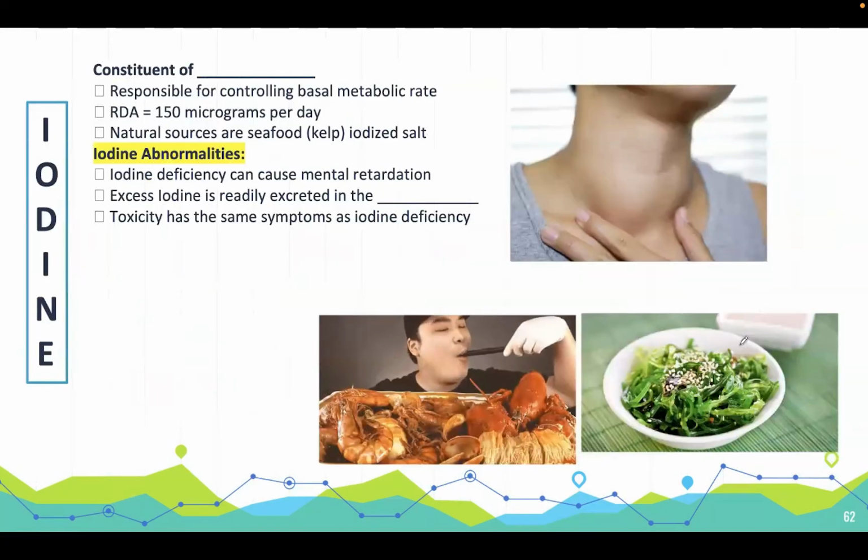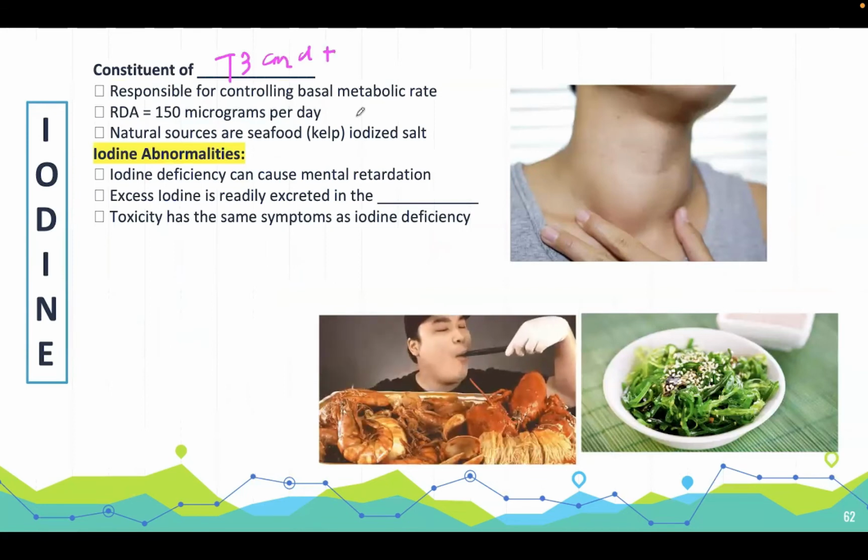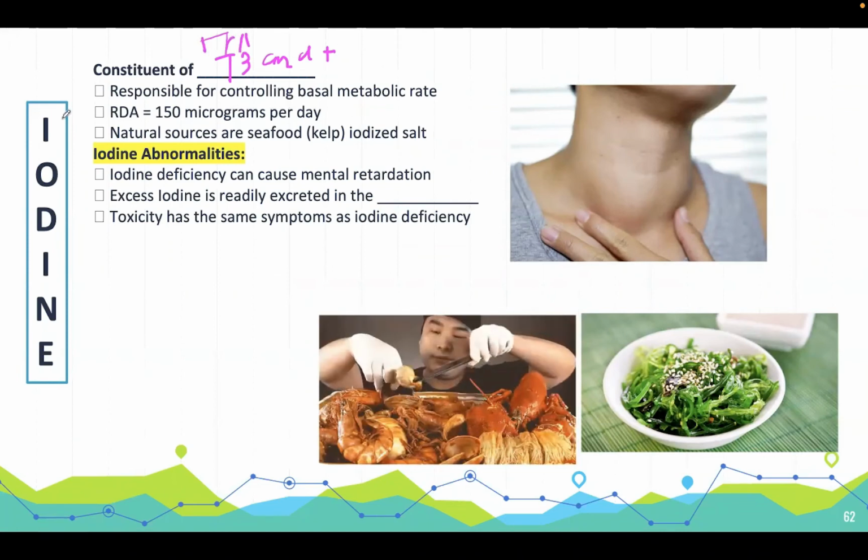Next, we have iodine. Iodine is a constituent of T3 and T4. T3 is thyroxine, and T4 is triiodotyrosine. Ma'am, you have it backwards. T3 is triiodotyrosine, that's why it's triiodo, right? Tri means three. Then T4 is thyroxine. Ma'am corrected herself.